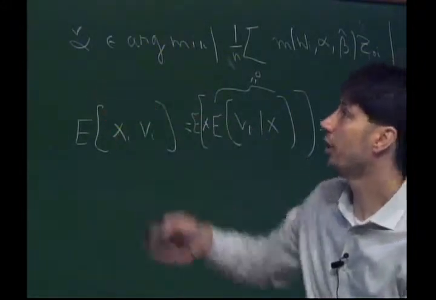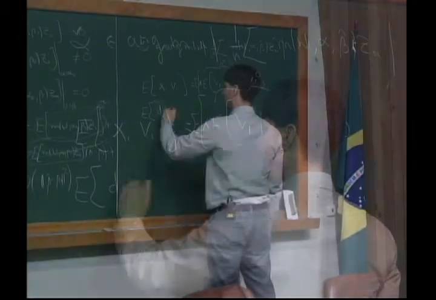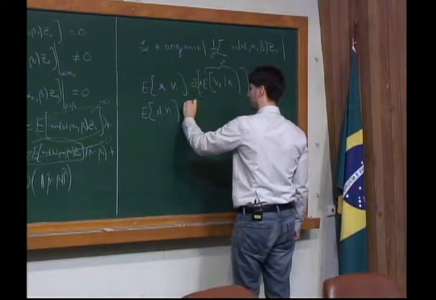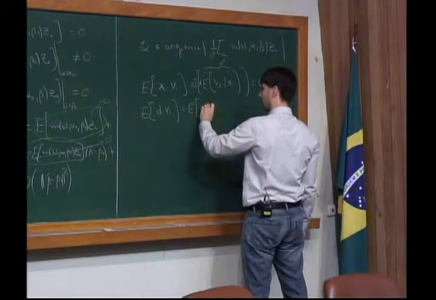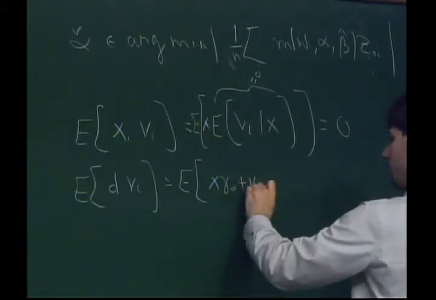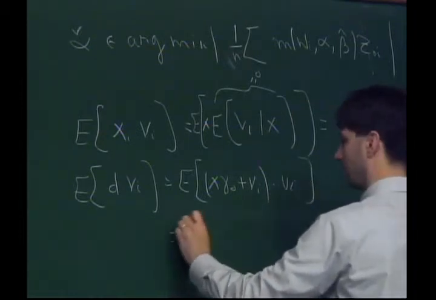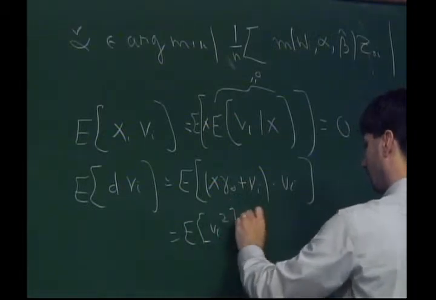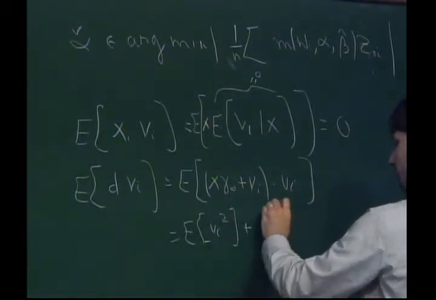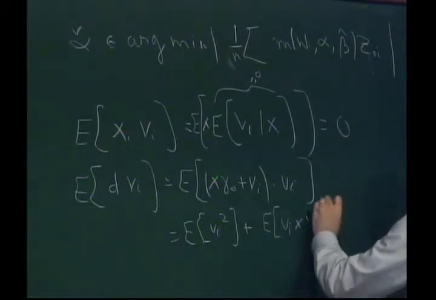But then when you take the expectation of D and v_i, we get the expectation of (x gamma naught plus v_i) times v_i. That's the expectation of v_i squared plus the expectation of v_i x_i gamma naught.